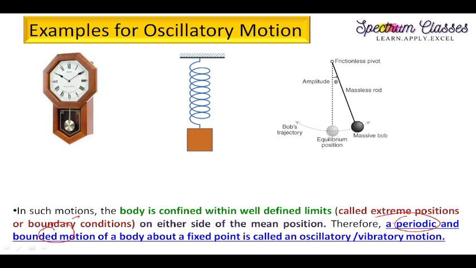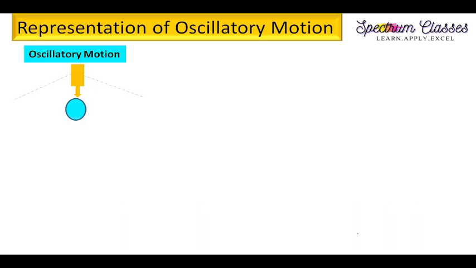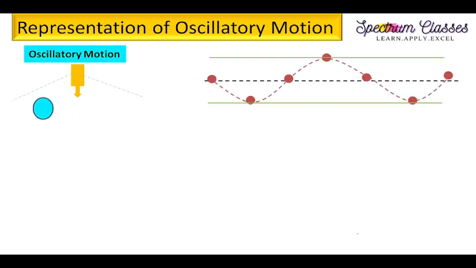Now we are coming to the harmonic oscillation. Here I have drawn an exemplary picture. Say the body is at equilibrium and it is moving towards the left side and then going up and down.